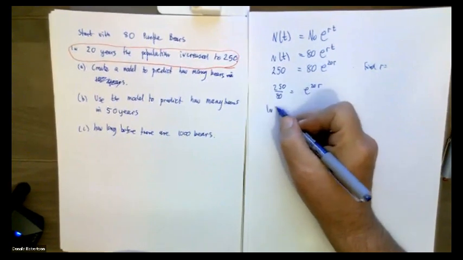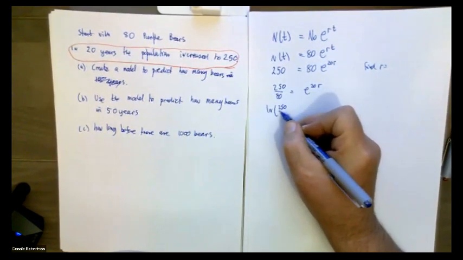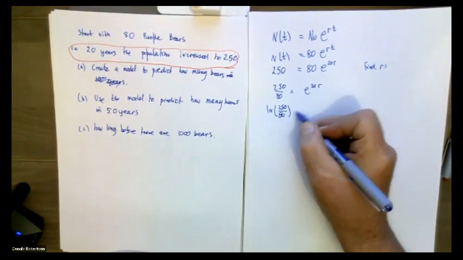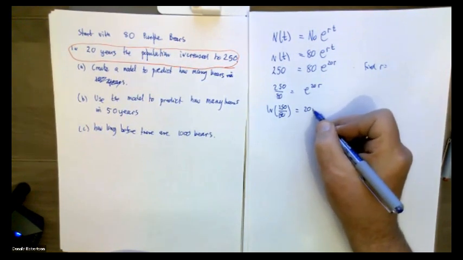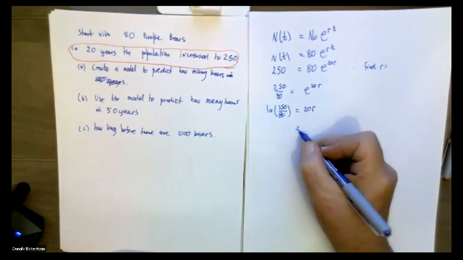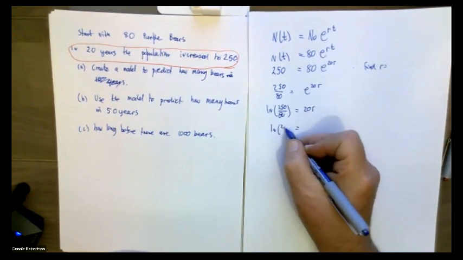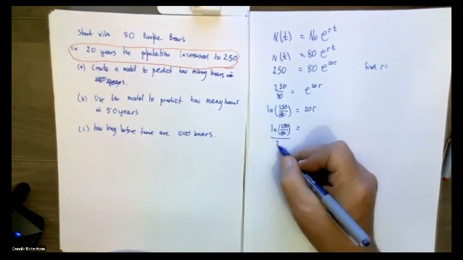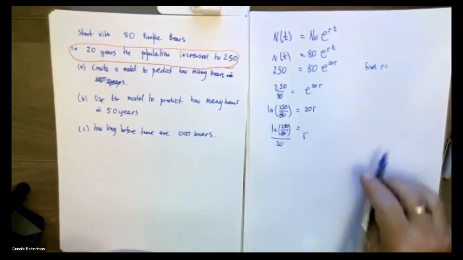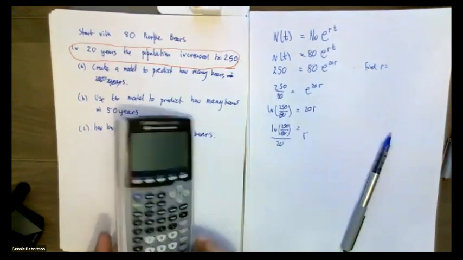I'm going to take the natural log. And taking the natural log of this gets you 20R. I'm then going to divide both sides by 20. And there we are. We've got the relative growth rate. Let's see what it is.